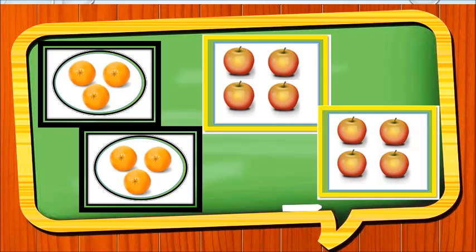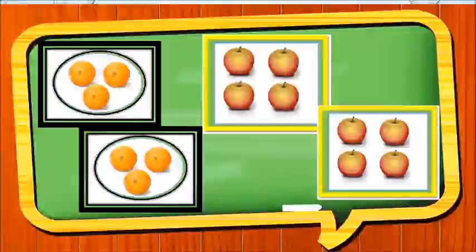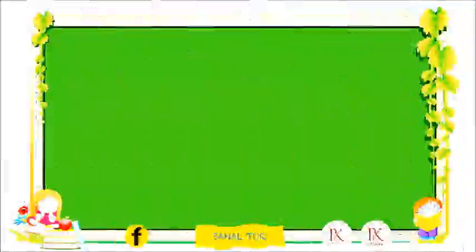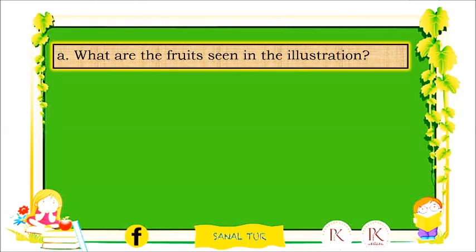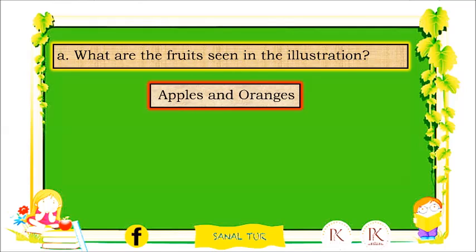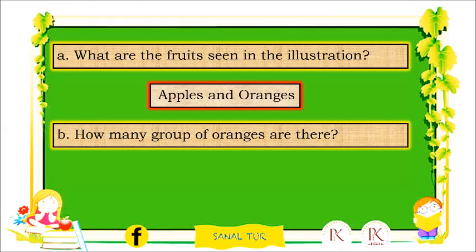Now we're ready to answer some questions. What are the fruits seen in the illustration? Very good. We have apples and oranges. Next, how many groups of oranges are there? Bravo.